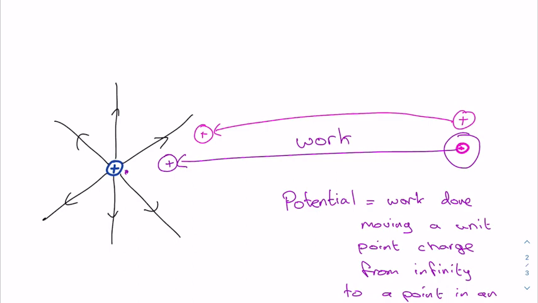And so there's a difference in the amount of work between this point and this point, a difference in the work done to get to those 2 points. Now, if each one of those values of work is called the potential, then that difference in work is the potential difference. And we've got a symbol for potential difference, V, otherwise known as voltage.